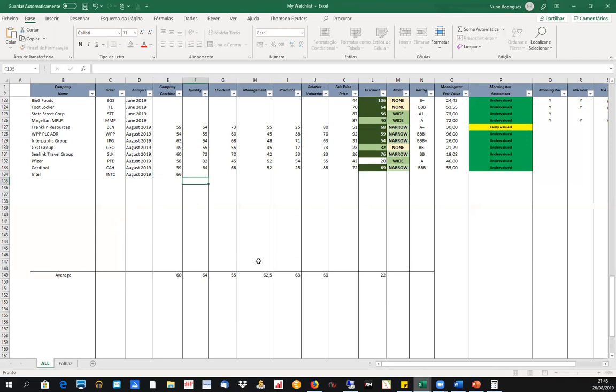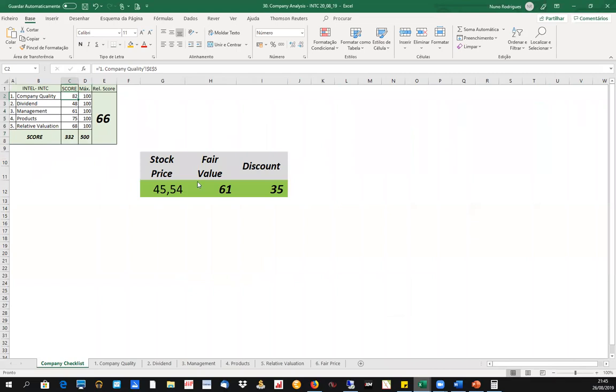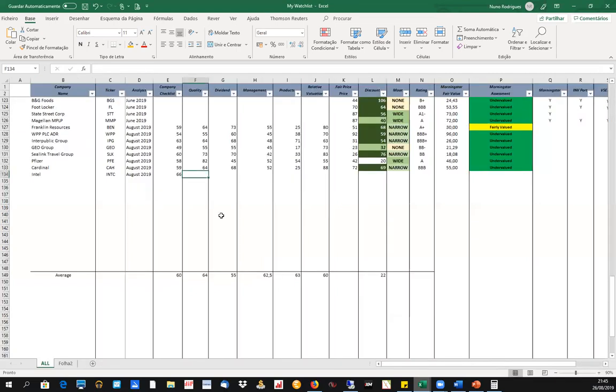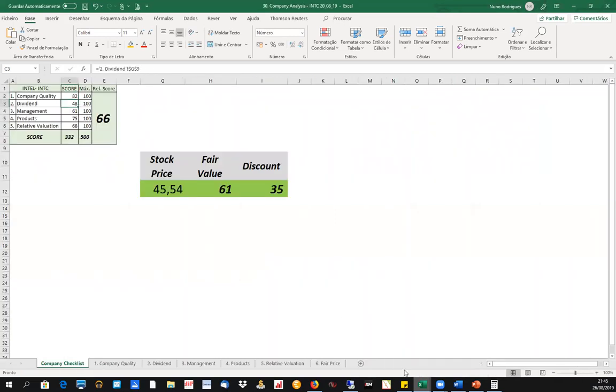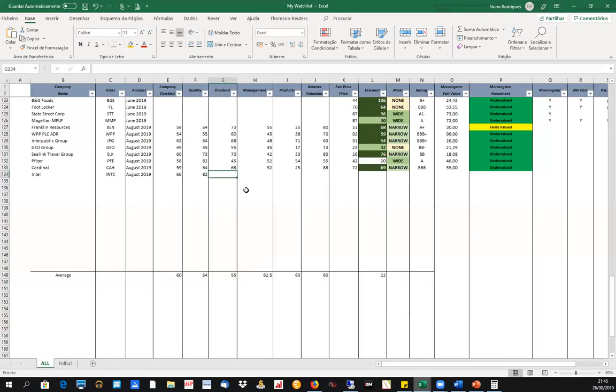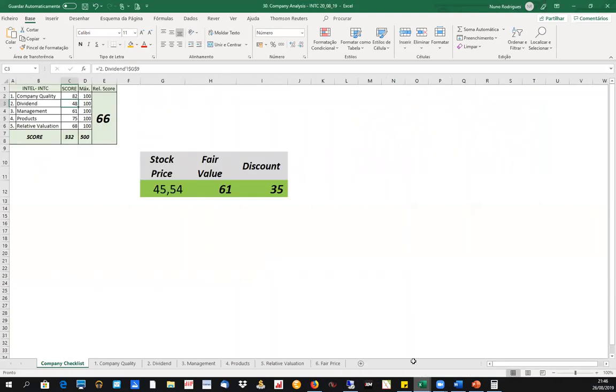Then quality, we have 82. Now the dividend, 48. Next, management, 61.